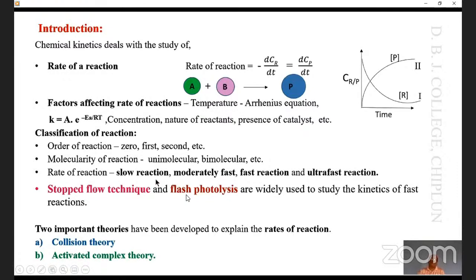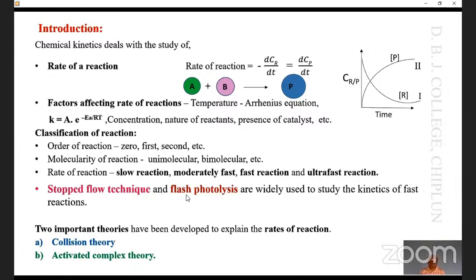Whenever the reaction proceeds very slowly, for example, say the reaction between hydrogen gas and oxygen gas, this reaction proceeds so slow that it takes several months to go for a completion.